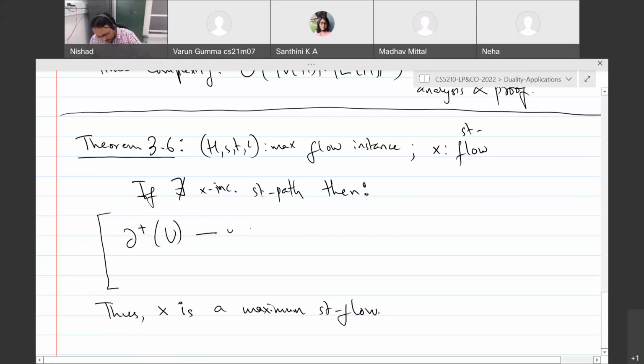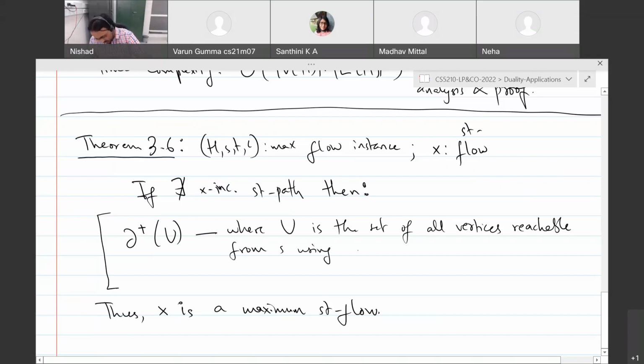U was defined as the set of all vertices reachable from S using X-incrementing paths.